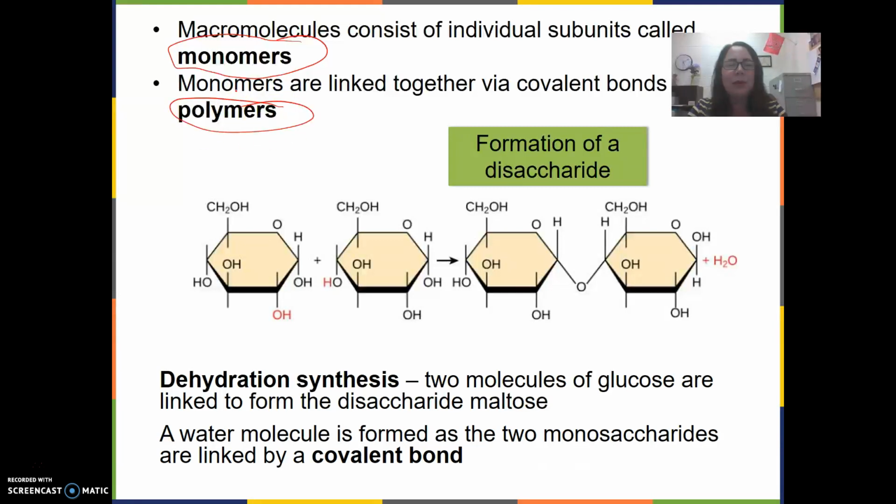For example, the building blocks of proteins are amino acids. So an example of a monomer would be amino acids, and then the protein would be the polymer.